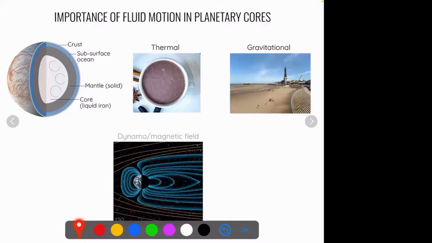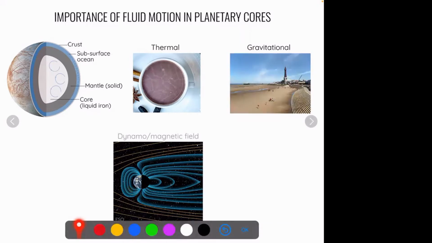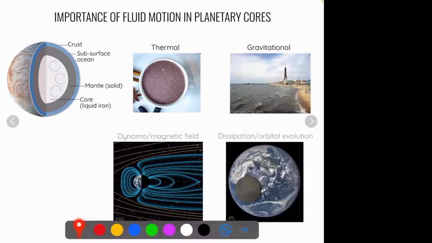So why is it interesting to study fluid motion in planetary cores? One reason is that those motions, because they happen in an electrically conducting layer, can drive dynamo action and create a magnetic field that protects the Earth or other planets from harmful cosmic radiation. They also change the rate of tidal dissipation inside the bodies, so they ultimately control the orbital evolution of planetary systems such as the solar system.